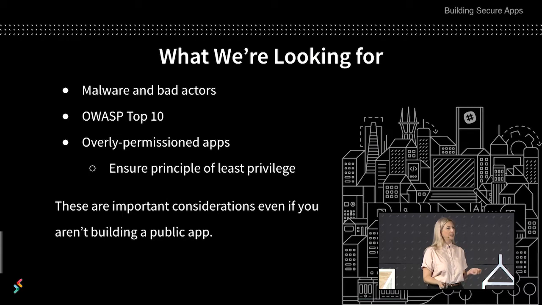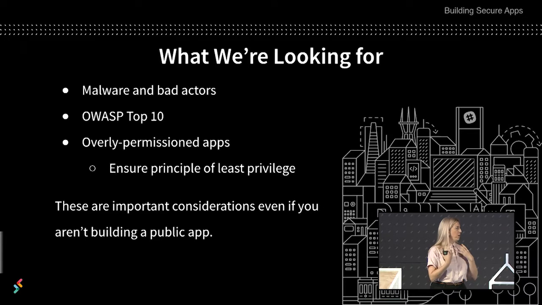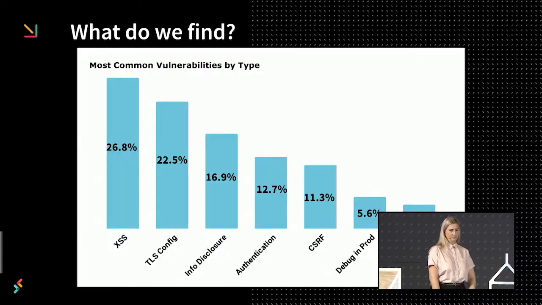It's important to consider these issues even if you aren't building a public app, because you want to be mindful of opening up attack surfaces for your channel guests and insider threats. So we work really hard within Slack and within Slack security to make our platform really secure, but we just don't want to open up attack surfaces with our integrations.